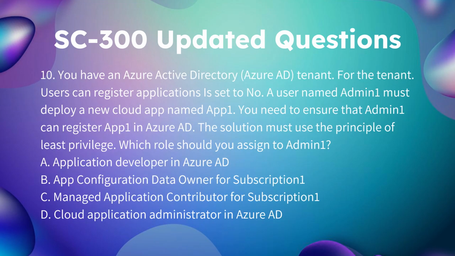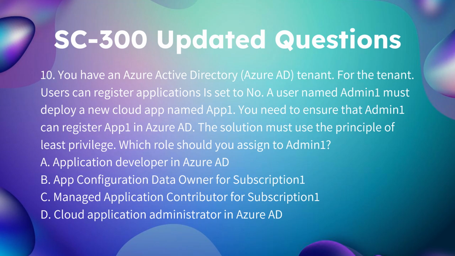10. You have an Azure Active Directory, Azure AD tenant. For the tenant, Users can register applications is set to No. A user named admin1 must deploy a new cloud app named app1. You need to ensure that admin1 can register app1 in Azure AD. The solution must use the principle of least privilege.